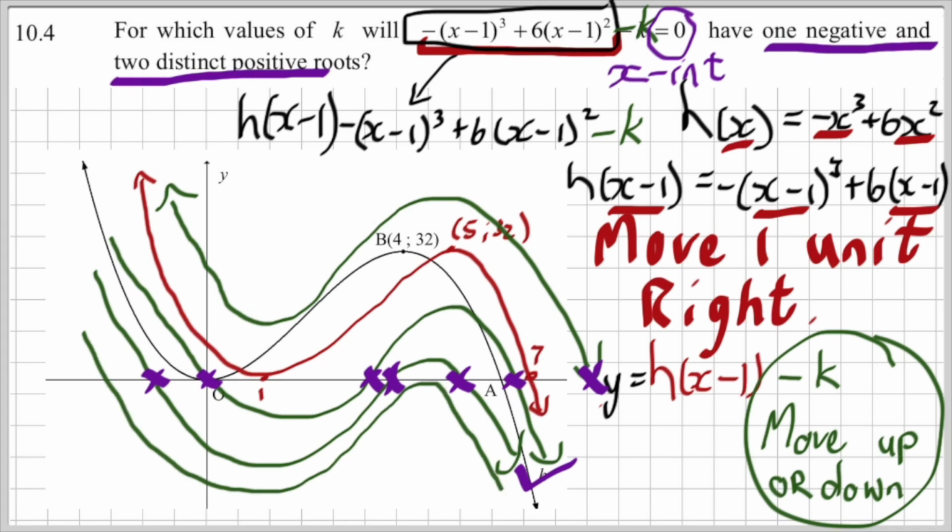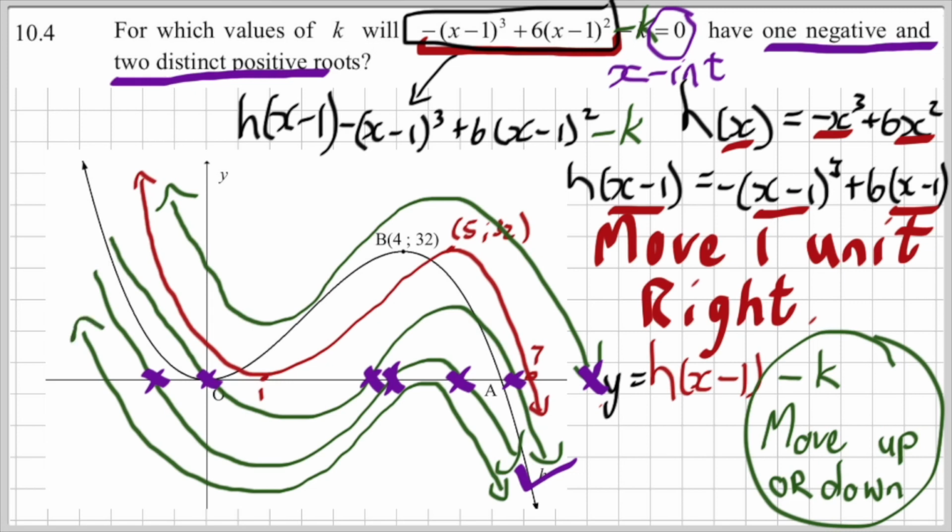I could draw it down so that your turning point is either on the x-axis or below the x-axis, but that would not satisfy this restriction that I've got, because the restriction says I've got to have one negative and two distinct, meaning different, positive roots.